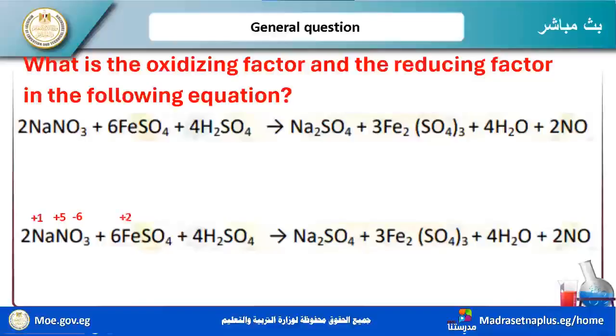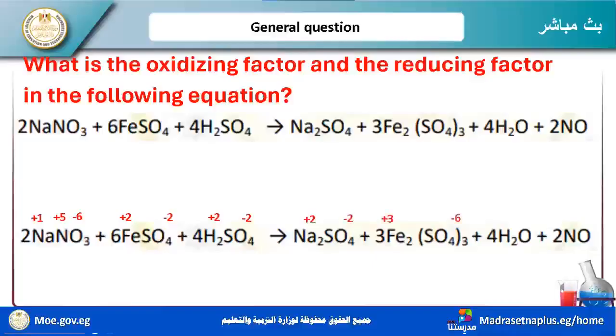Fe is +2, because sulfate equal to -2, so iron equal to +2. In H2SO4, H equal to +1 times 2 equal to +2, so SO4 is -2. Now Na is +1, times 2 equal to +2, SO4 is -2.